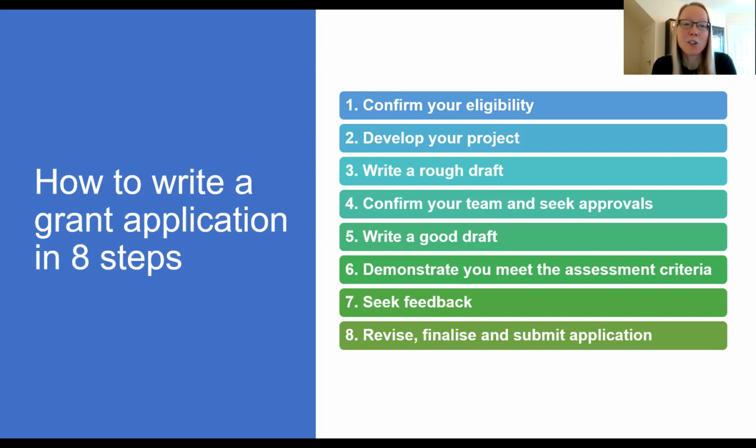The sixth is to double check that you have demonstrated that you meet the assessment criteria. And the seventh is to seek feedback. The eighth is to revise, finalize, and submit the application. So as you can see, there's quite a lot to do as part of the grant application process. So if you haven't started yet, we really do recommend that you start as soon as possible.